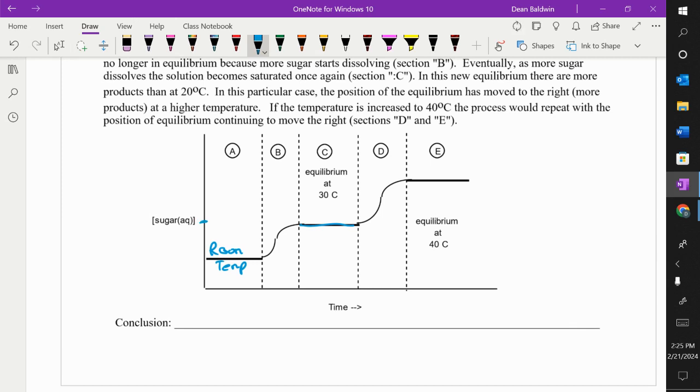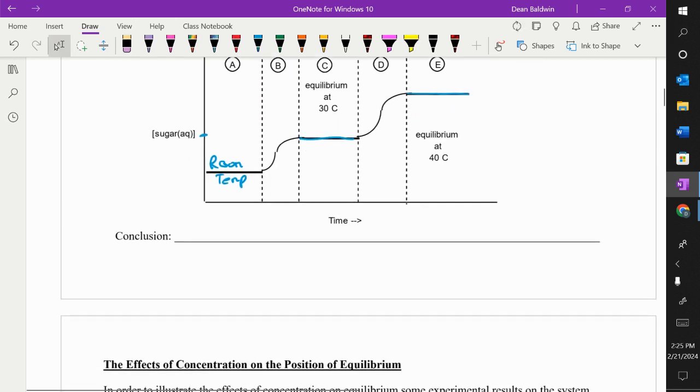Then you can do it again. You raise the temperature another 10 degrees, and you get a new equilibrium setting in. Each one of these has a higher concentration of sugar. So the temperature will impact the equilibrium position.